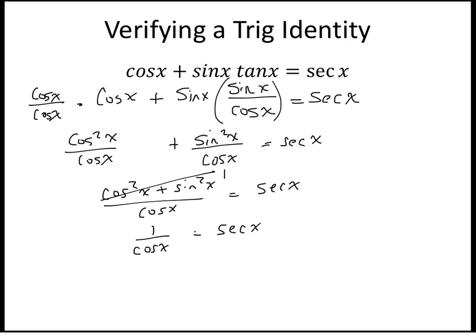And 1 over cosine is my definition of secant of x. So now we can see that we have verified that the left-hand side equals the right-hand side. We know that when both sides are equal. So yes, that is a true statement that cosine plus sine times tangent does equal secant.